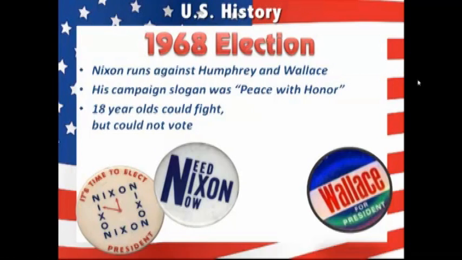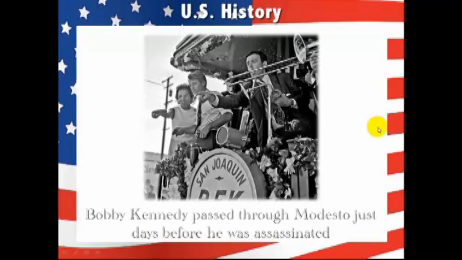Now, fortunately, largely in response to that, that has been changed. They've lowered the voting age. It was 21. And here we have a photo from Bobby Kennedy's campaign as he was passing through Modesto. And this was taken just days before he was assassinated after winning the California primary.